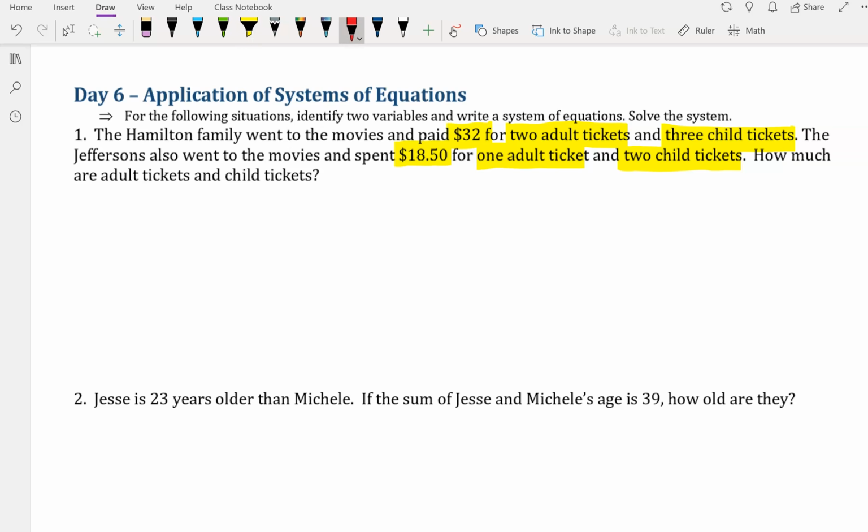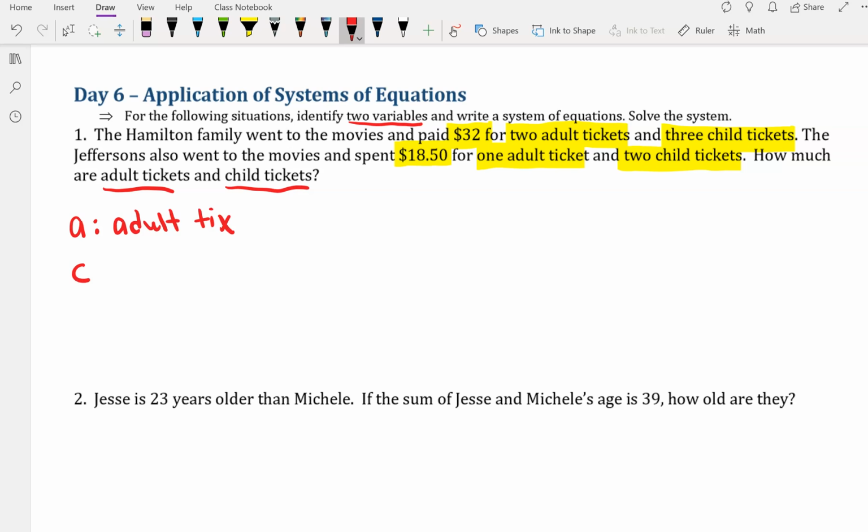The first thing we need to do is identify the 2 variables. Variables stand for unknowns, the things that we don't know. If you read the last question, it asks how much are adult tickets and child tickets. Those are going to be your variables. I'm going to call adult tickets A, and I'm just going to write tickets.